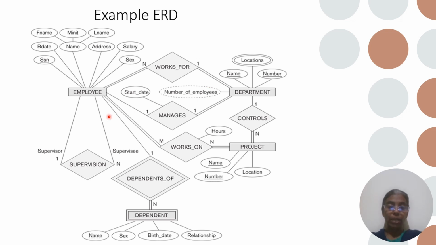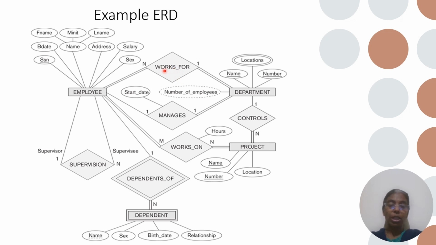And then which are the weak entities? Weak entities are represented using a double rectangle. We have only one weak entity, the Dependent table, which is there in the employee database. And then we have some relations.